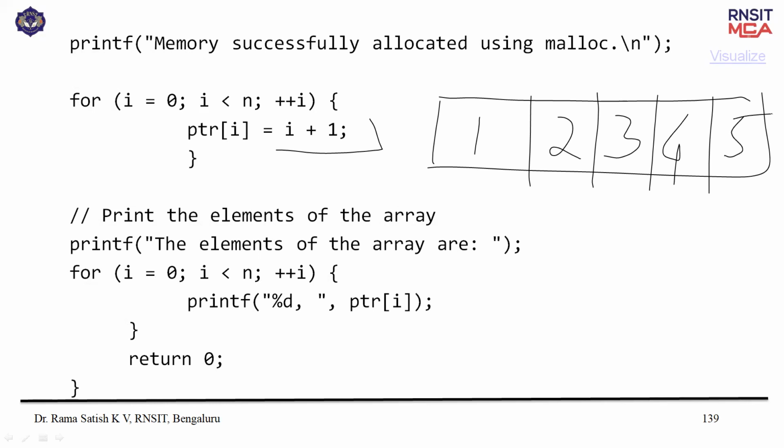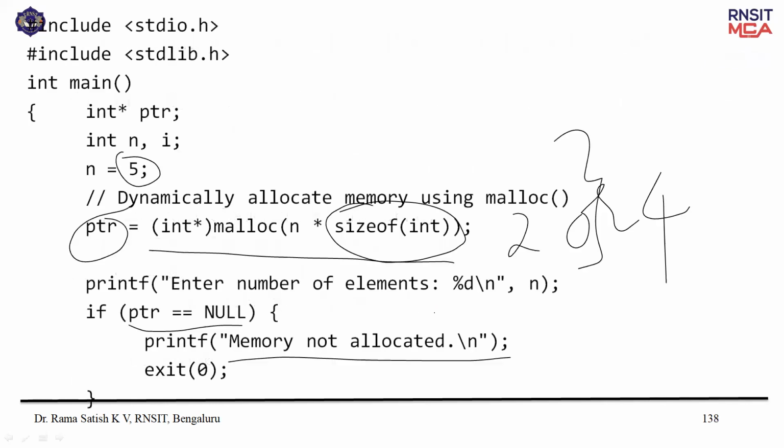So ptr of i is nothing but *ptr. While printing also, you can print ptr of i. So it works like a normal array. When you do this memory allocation, you can use it like a normal array. This is dynamic memory allocation.